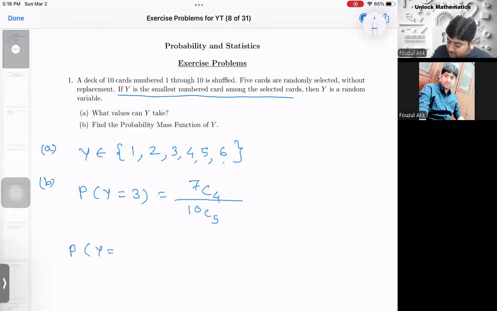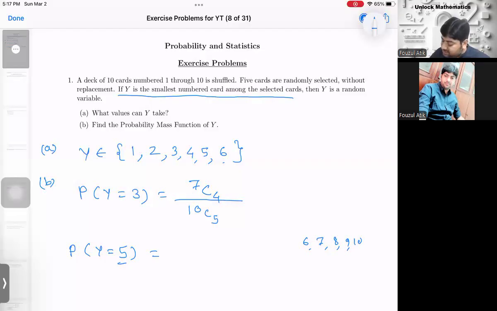In the same way, what is P of Y equal to 5? It means that the smallest card is 5 out of the 5 randomly selected cards, and therefore the other 4 cards must be bigger than 5. So they can be numbers 6, 7, 8, 9, 10.